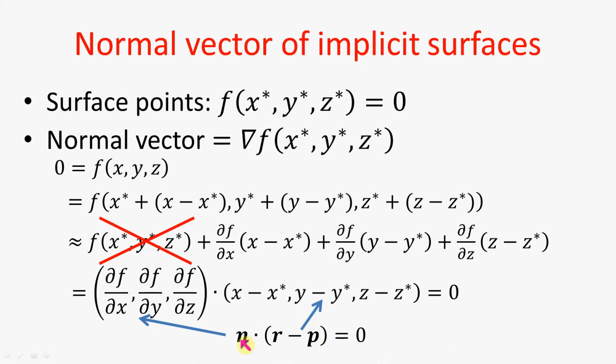Making correspondences, these three partial derivatives, called the gradient of f, is the normal vector, r represents x, y, z, the running point on the plane, and p represents x star, y star, z star, one particular point on the plane. So indeed, this is a plane, and we also know that the gradient is nothing but the normal vector of this plane.